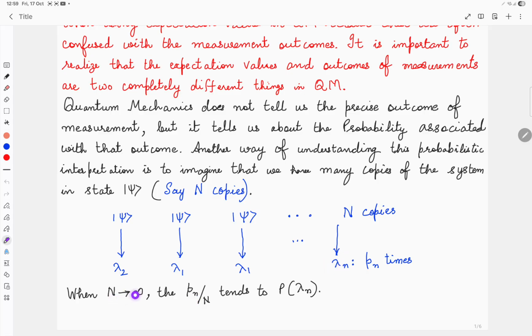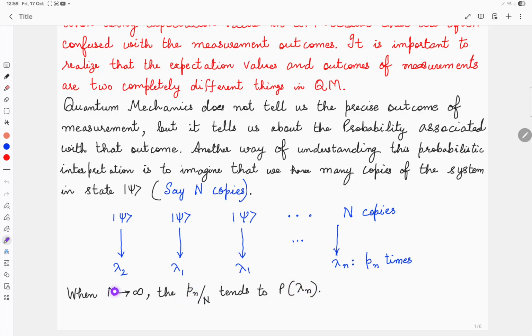When N approaches infinity, this experimental probability, Pn, the number of times we get lambda n divided by the total number of measurement attempts, will be equal to the probability of lambda n. This is the theoretical probability, and this is the experimental probability.